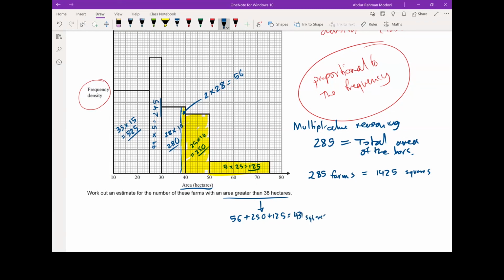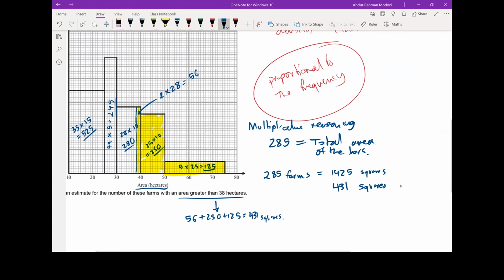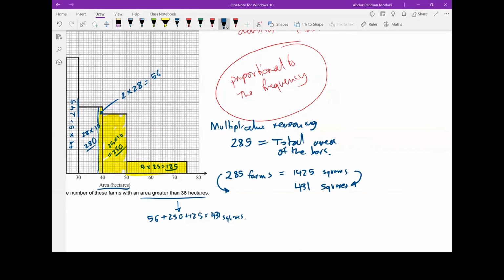I'll go back to where I've set up my multiplicative reasoning, and write down 431 squares here. I want to figure out how I go from this number to that number, and do the same on the other side. So I'll do 1425 divided by 431, and that gives us 3.306.